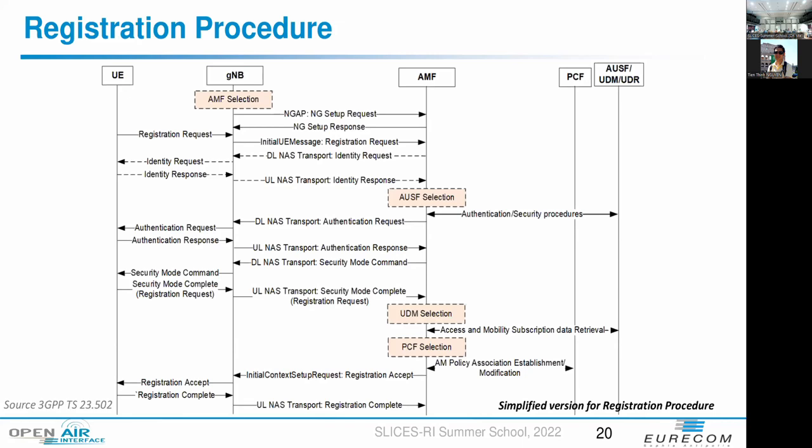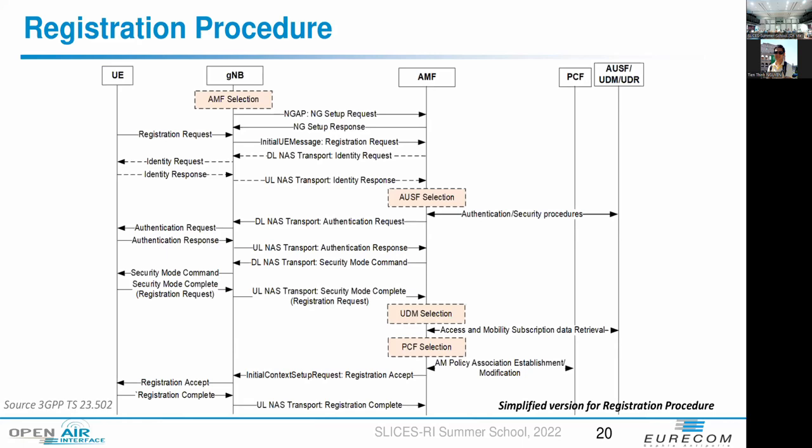Everything okay, and then when the UE attaches to the gNB, we send registration request. It's basically the NAS message, right? And then we use NGAP protocol to send the NAS message to the AMF, and so on and so forth.